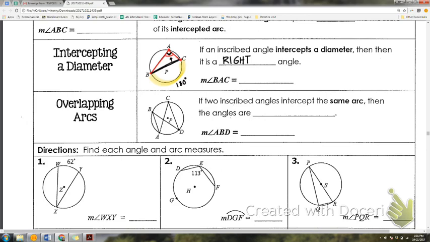The measure of angle BAC is 90 degrees. That one is kind of hard to find, so be careful of that. If the angle opens up to a diameter, then it's a right angle.